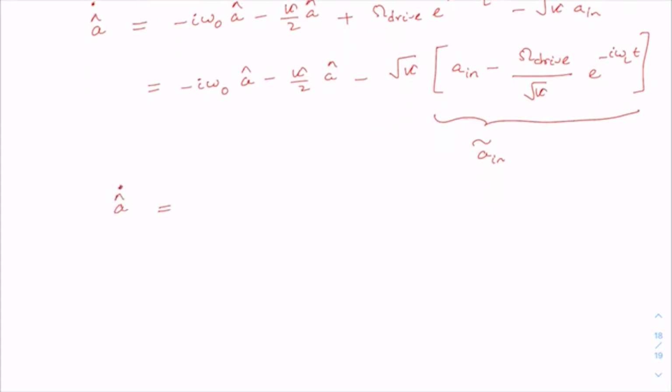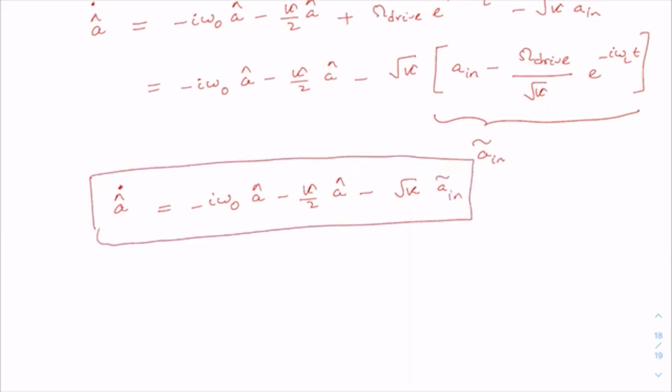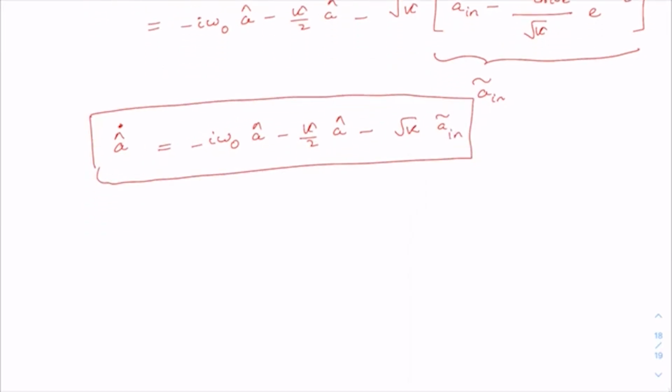We have A dot is equal to minus i omega 0 A minus kappa by 2 A minus square root of kappa A tilde in. Now if I go over to the frequency domain, that means if I take the Fourier transformation, immediately I can get this equation: minus i omega A of omega. These are all operators; I won't write the hat all the time, so you understand that these are quantum operators anyway.